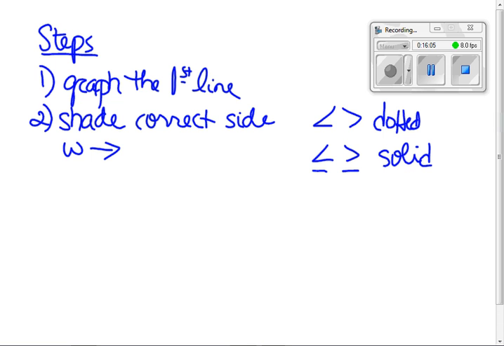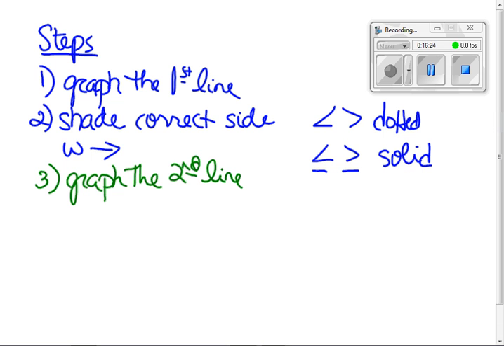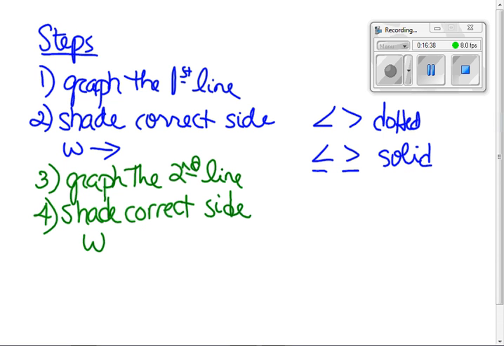Well, I look at it this way. This has a little more pencil, so you gotta have a little more pencil in your graph. Then guess what you do? You graph the second line. And then shade that one. You may use these on your tests and quizzes, so I'll even be more complete. Shade the correct side with the arrows.